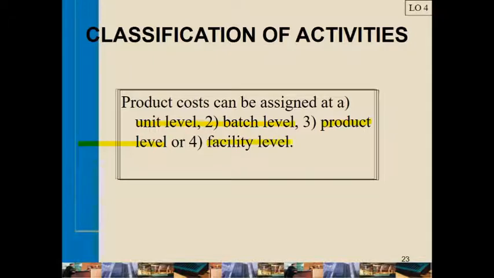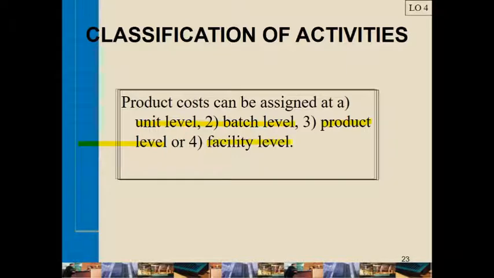It includes plant management, landscaping, support of community programs, security, property taxes, and plant depreciation. Those are examples of facility level costs. Meaning you cannot directly attribute them to a specific product.